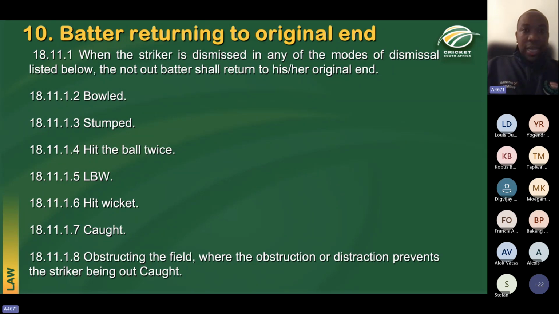If a striker is out obstructing the field where the obstruction or distraction prevents the striker from being out caught, then the not out batter will return to his or her original end, even if they had crossed before the obstruction or distraction happened.